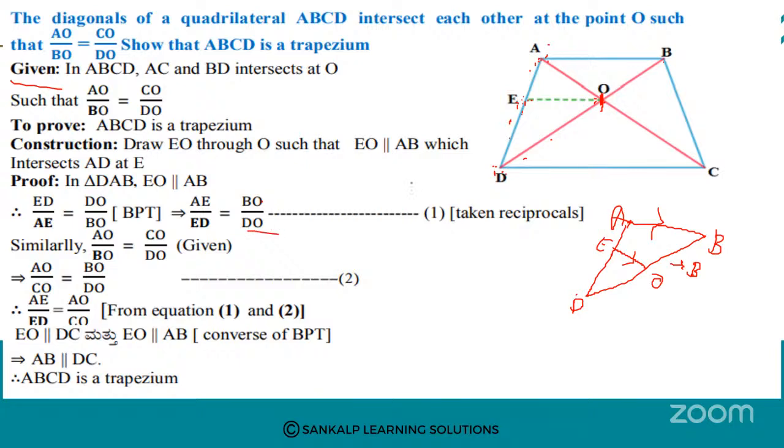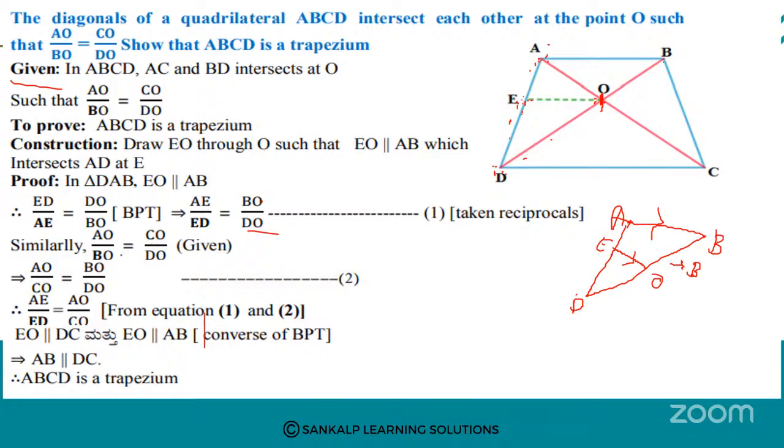Okay. Similarly, AO divided by BO is equal to CO divided by DO. That is given. Okay. So this is given. AO divided by BO is equal to CO divided by DO.